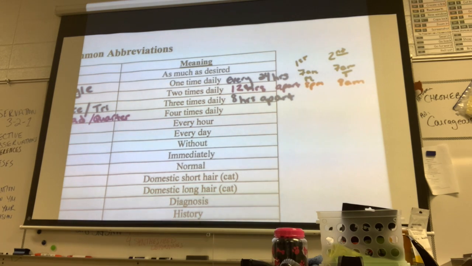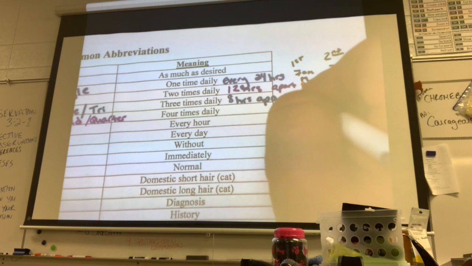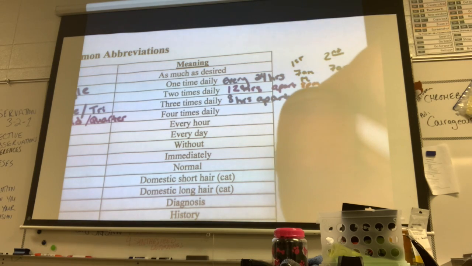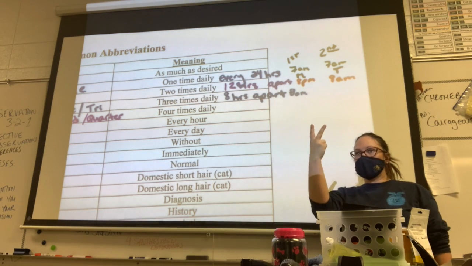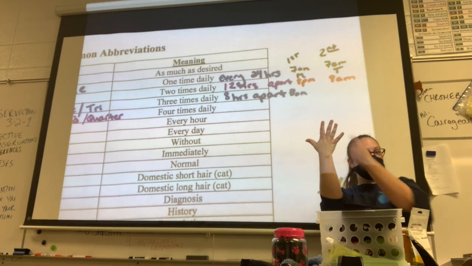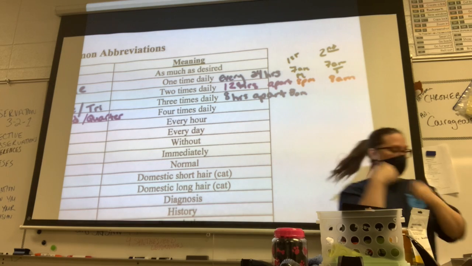This is where I'm going to have to do some math, and I'm going to use my fingers, right? So if I give the first dose at 8 a.m., I'm going to do 9, 10, 11, 12, 1, 2, 3. When's my second dose? 4 p.m., right?